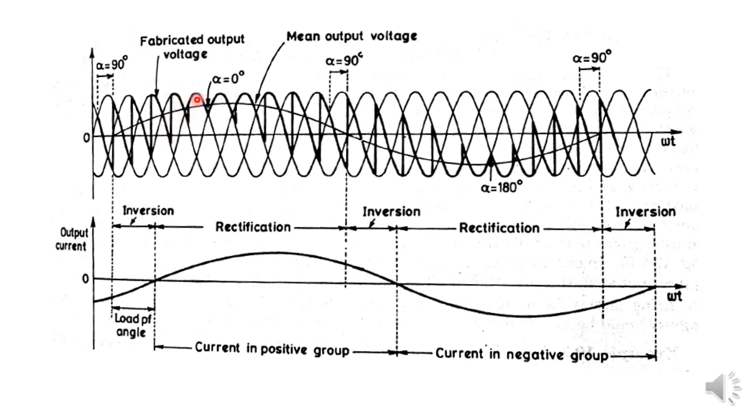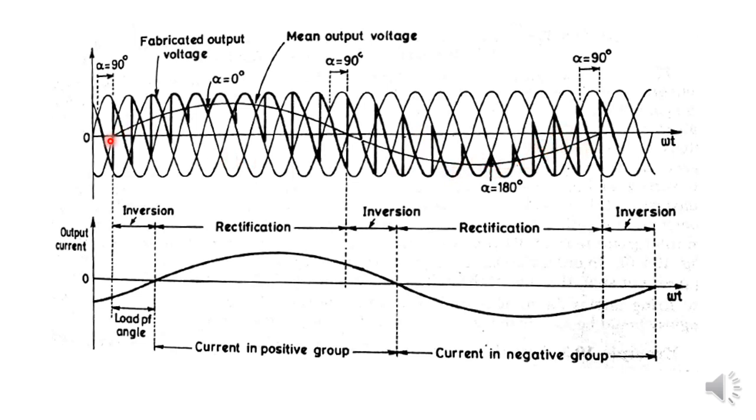Again alpha is reduced, like that. Here the firing angle alpha is equal to 0 degrees. Then from the next pulse onwards the firing angle is increased from 0, again increased here, and here alpha becomes 90 degrees. Like that, we continuously increase and decrease the firing angle in order to get the wave pattern like this.